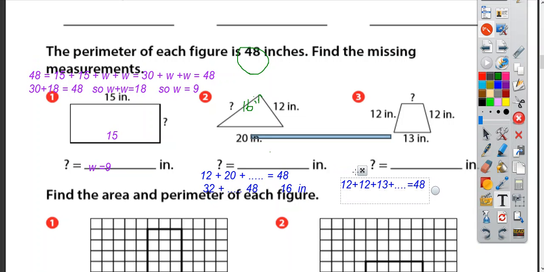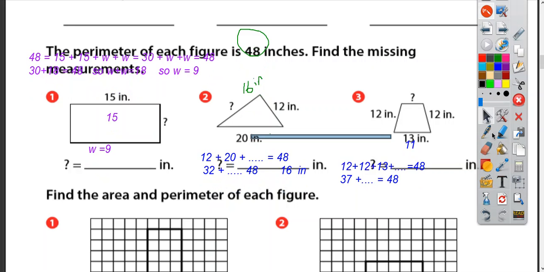I'm going to add those numbers together. 12 plus 12 is 24. 24 and 13 is 37. 37 plus something will give me 48. So what will this be? Yes, it is 11. So the answer is 11 inches. Okay, this is how to find it.